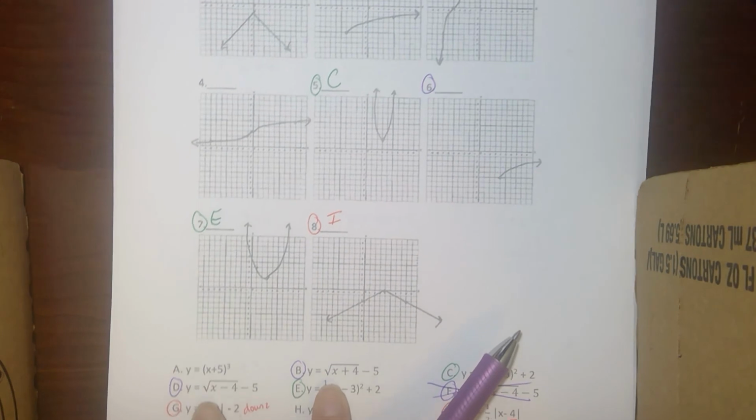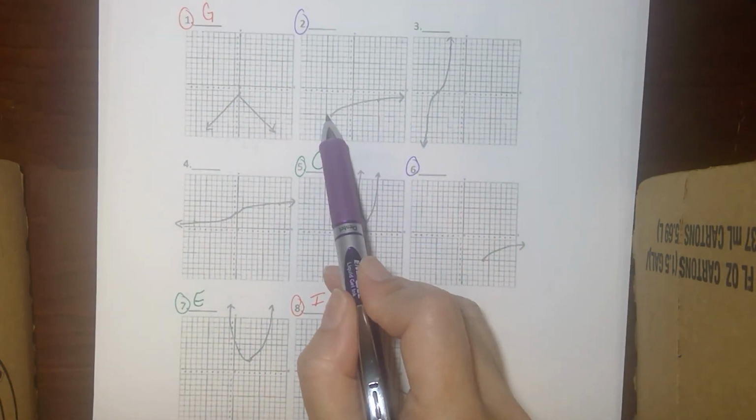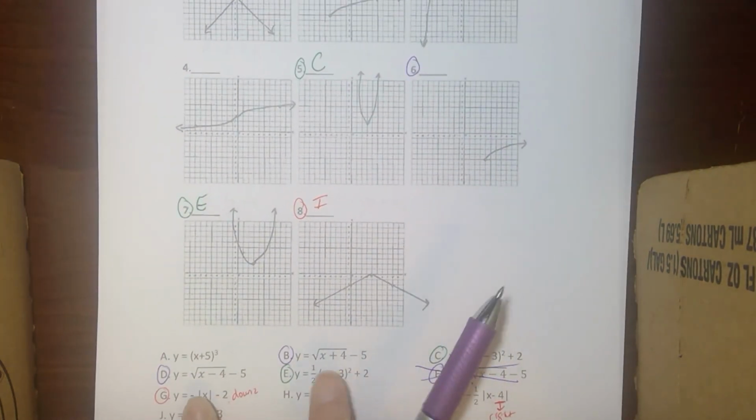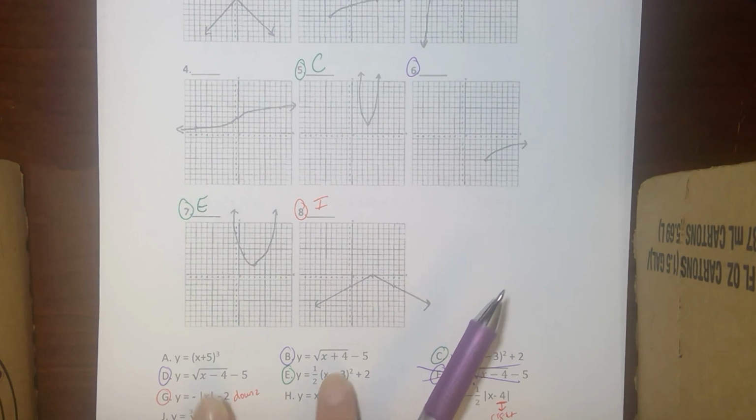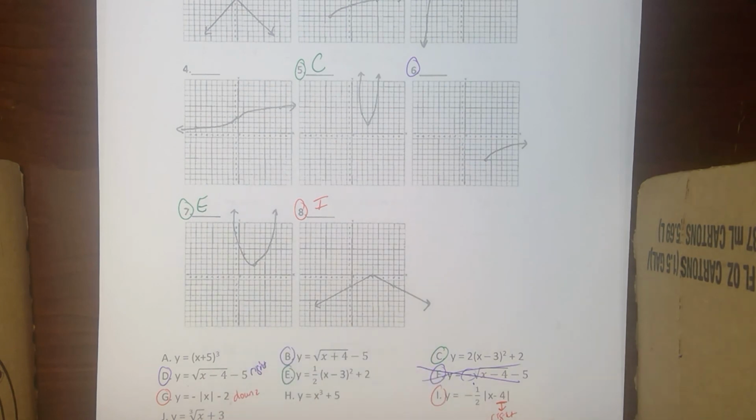I need to figure out which order. Both of them have been shifted down 5. One of them has shifted to the left and one of them has shifted to the right. Well, which one is which? Remember that horizontal shift doesn't go the way we expect it to because it starts out as x minus h, which means that D, where I have x minus 4, goes to the right and down.